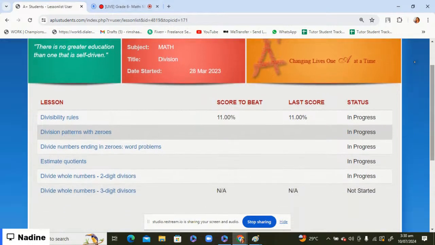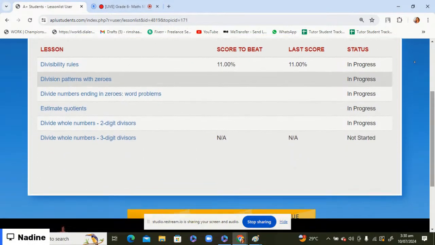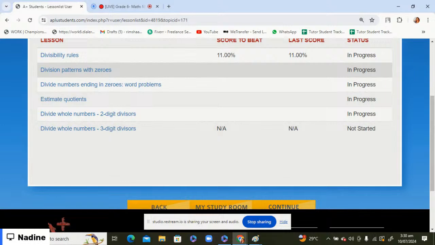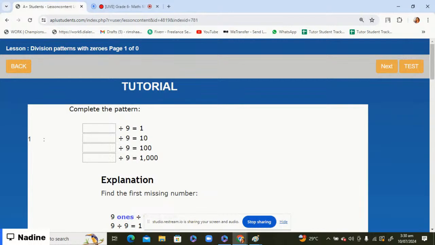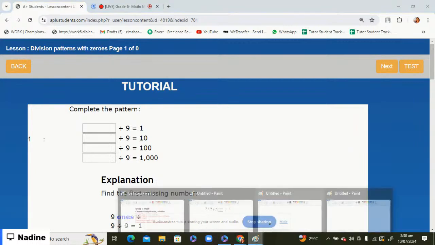Now let's start the next lesson, that is division pattern with zeros. So here we are finding the division pattern in which dividing by 9 gives the answer 1. Look here.